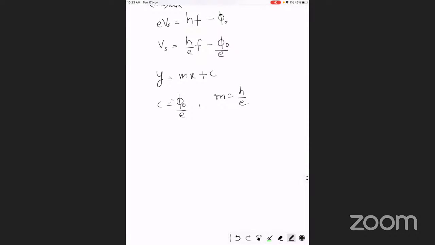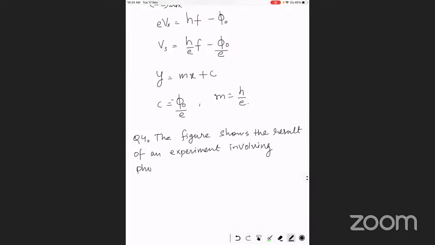Let's solve another question based on the graph. The figure shows the result of an experiment involving the photoelectric effect.